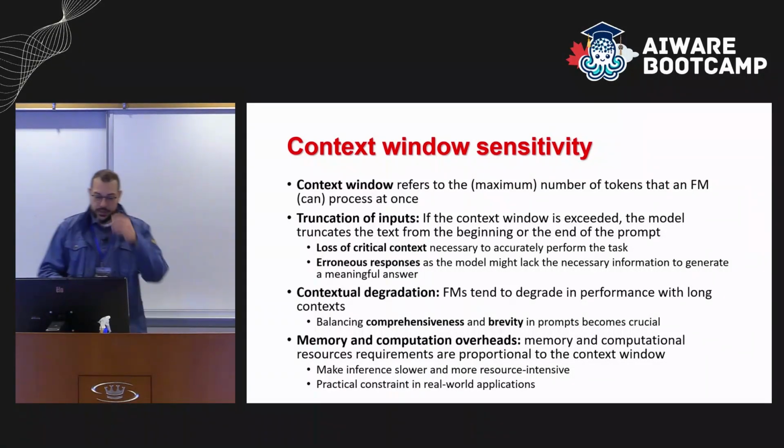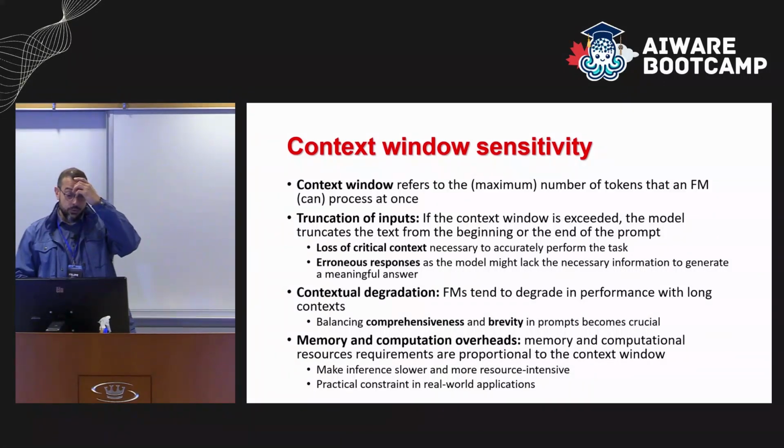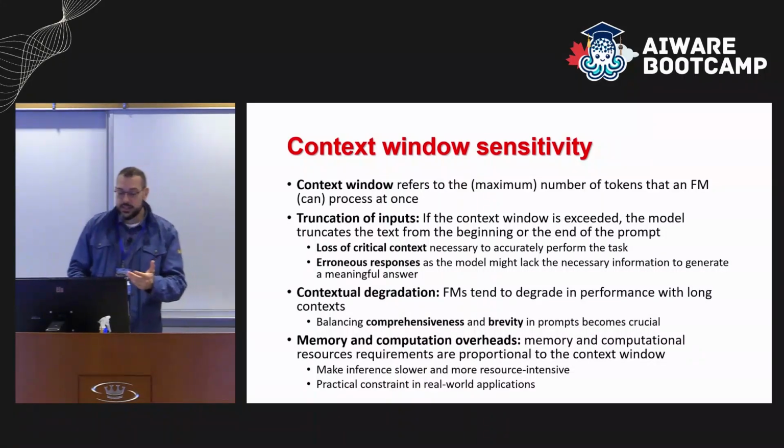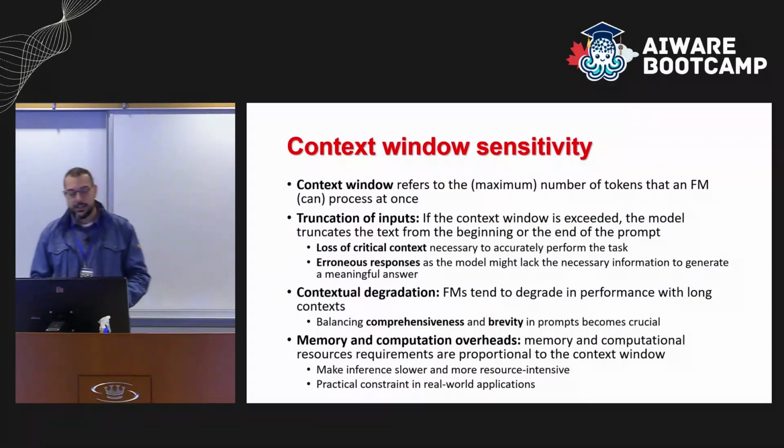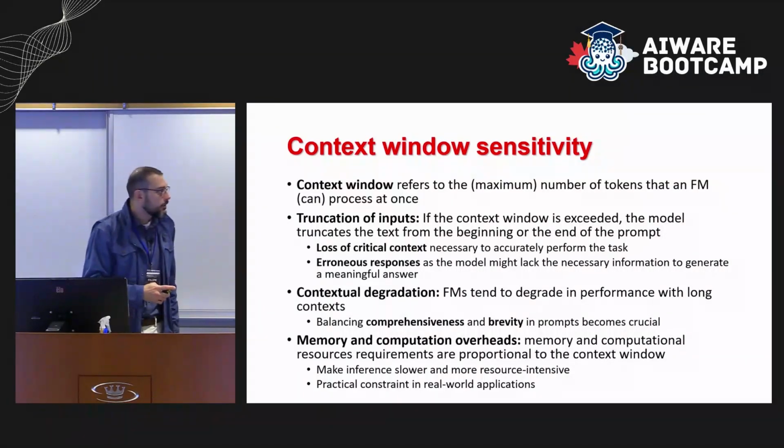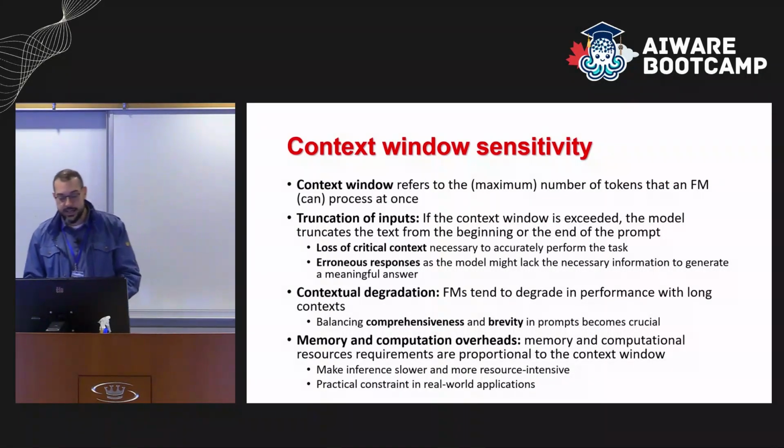So what can happen if you, for example, exceed the maximum number of tokens that a foundation model can handle? You're going to see truncation of inputs. If the context window is exceeded, the model will truncate the text from the beginning or the end of the prompt.